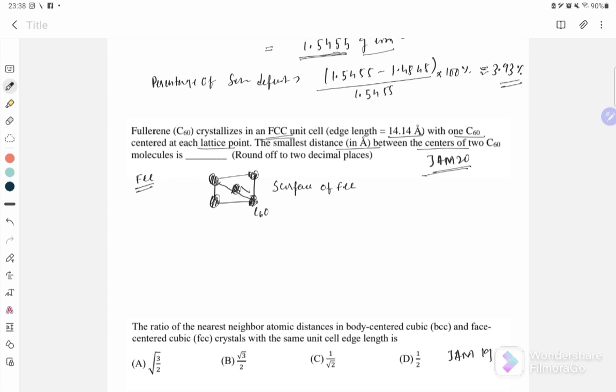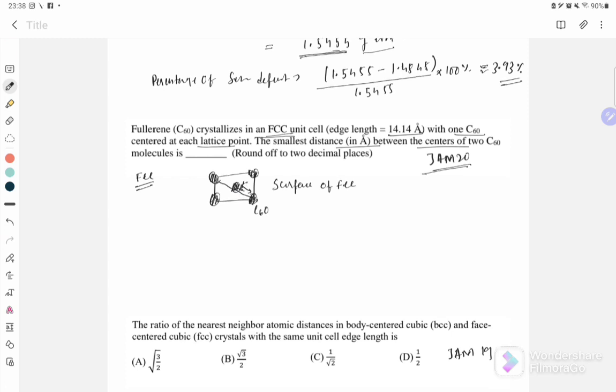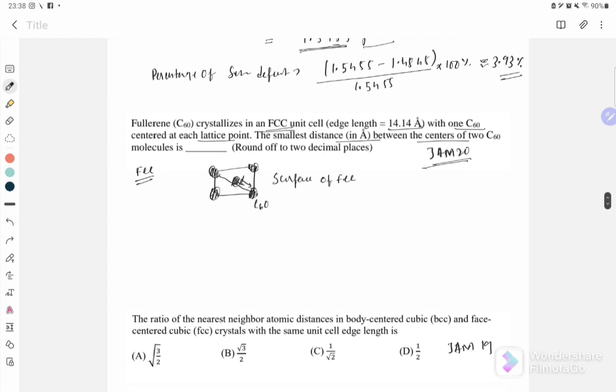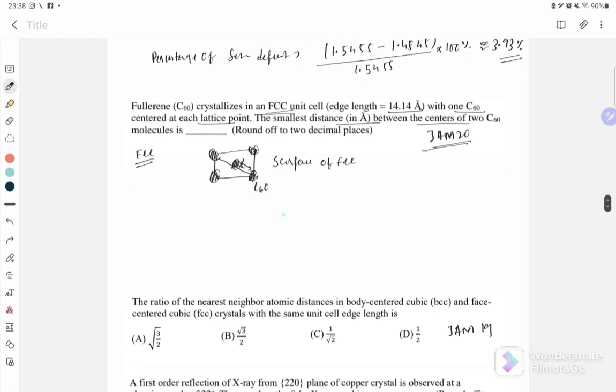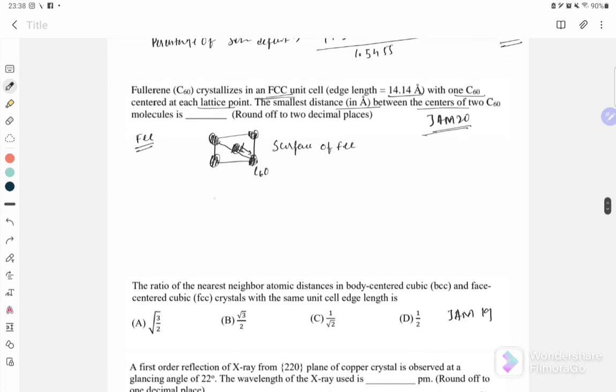So this is our shortest distance, shortest distance corner wise. So the smallest distance is, our corner diagonal.